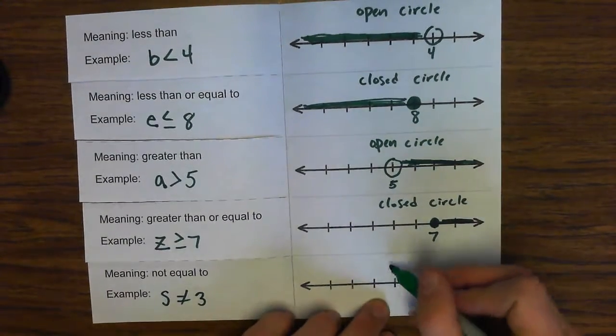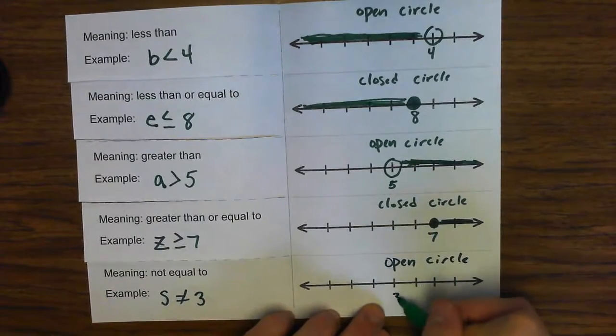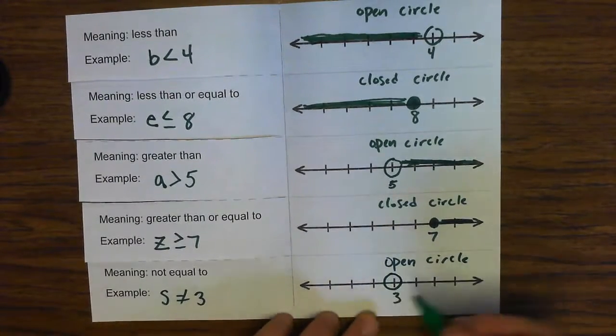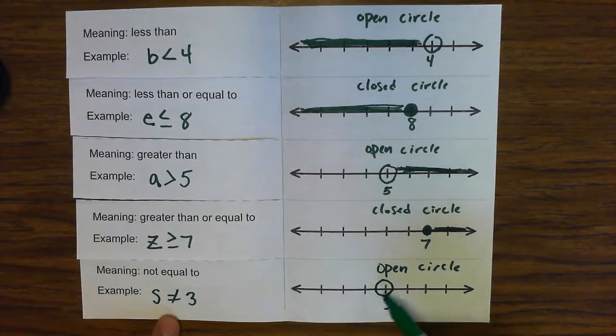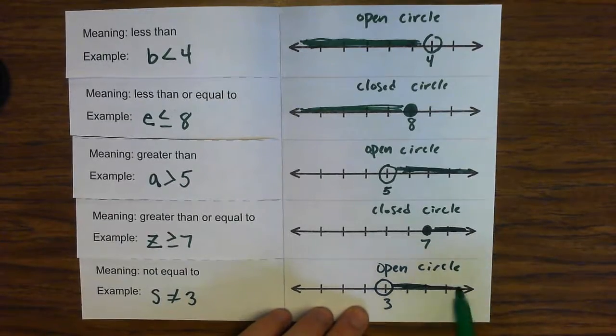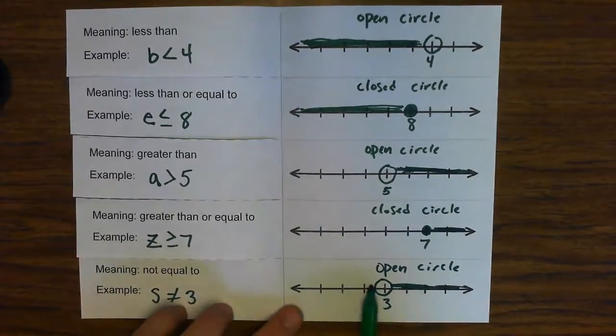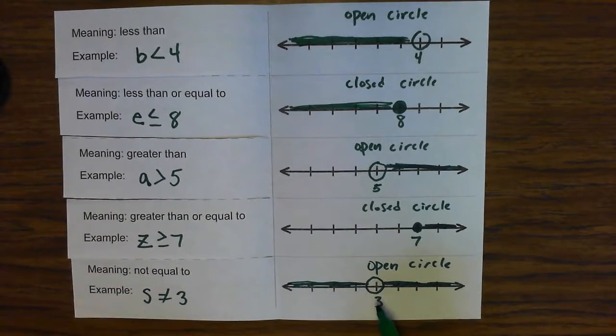So you're going to have an open circle on this graph on 3, because we know that our answer is not 3. So we're not going to include the 3 in our graph. But it could be any number greater than 3. Could be any number less than 3. All we know is that the answer is not 3. So we're including all numbers except for 3 here. And that's what's represented in the graph.